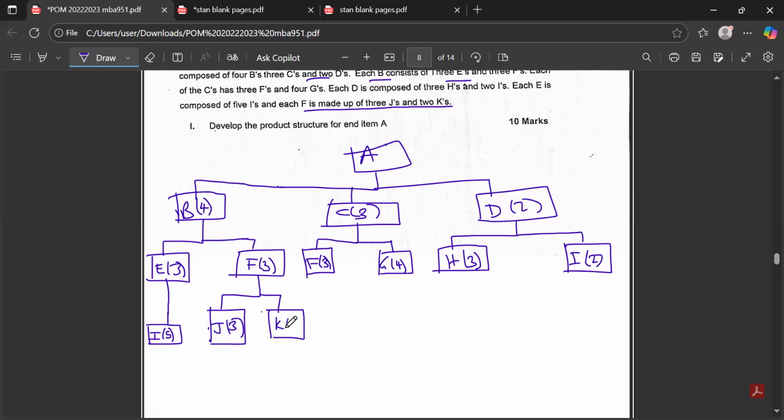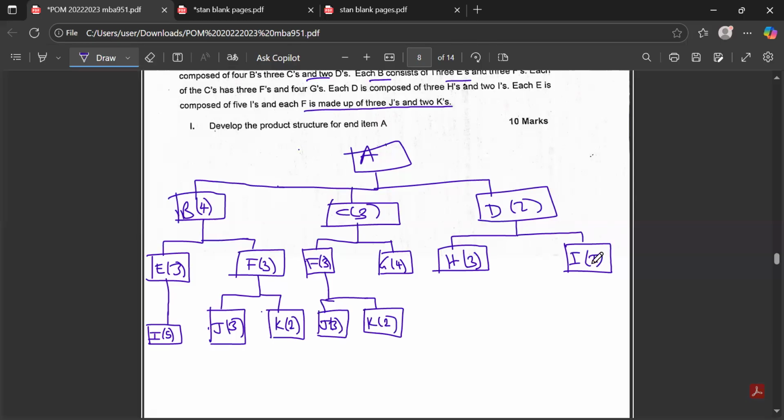Okay, so 2K. Even this one, you can just reproduce to show the same F made up of J3 and 2K. Okay.